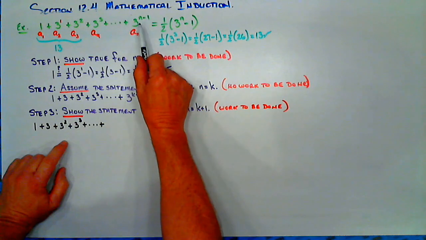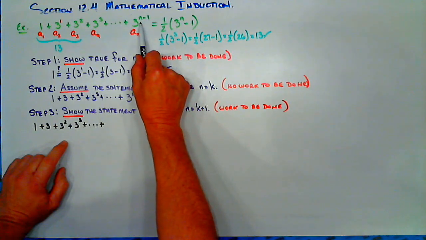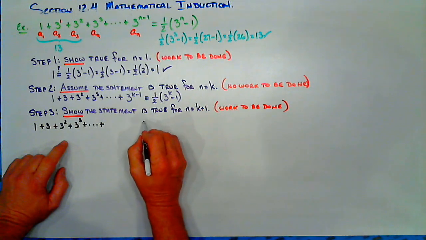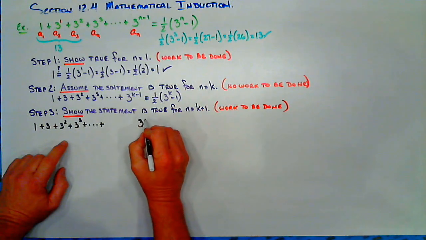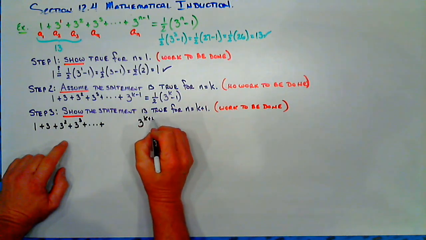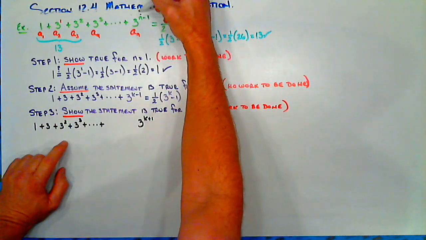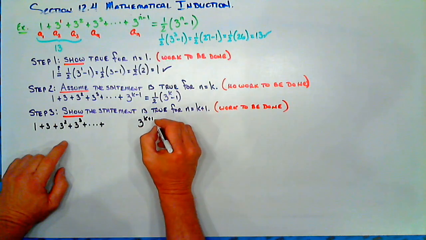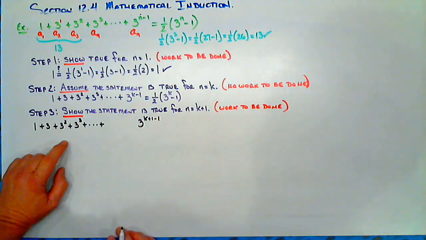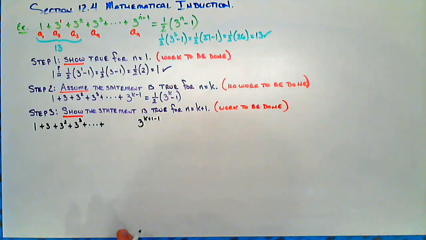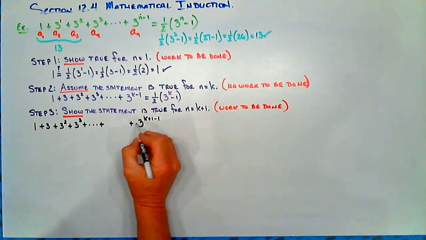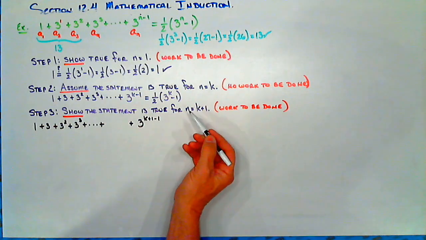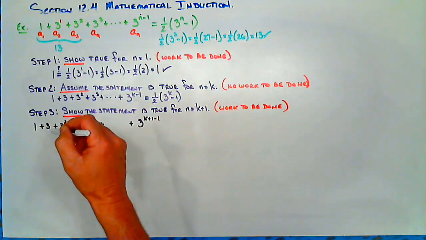So, what do we get if we plug in k plus 1 here? That would be 3 to the k plus 1 minus 1, right? We're putting k plus 1 right here for n. But it's so important that we remember not just to write down the last one, but write down the term that comes right before that.